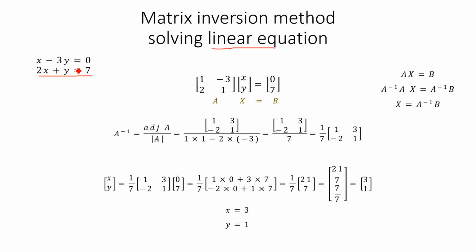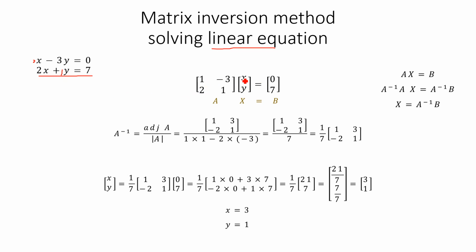First, we are going to write these equations in the form of matrices. We can write them as 1, minus 3, 2, 1. Here 1 is the constant term with x, this term is minus 3, this one is 2, and here is also 1. So we have 1, minus 3, 2, 1.